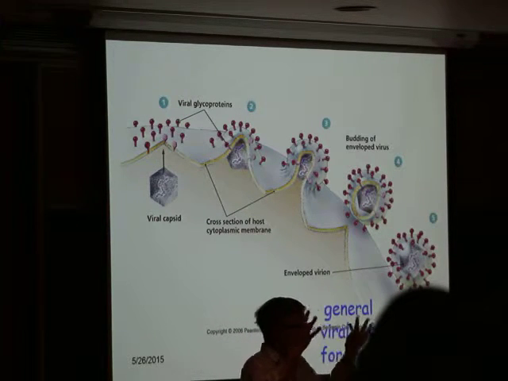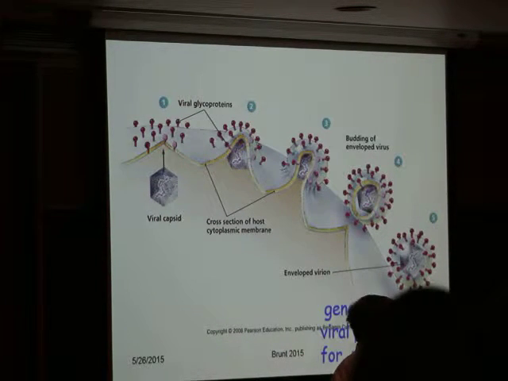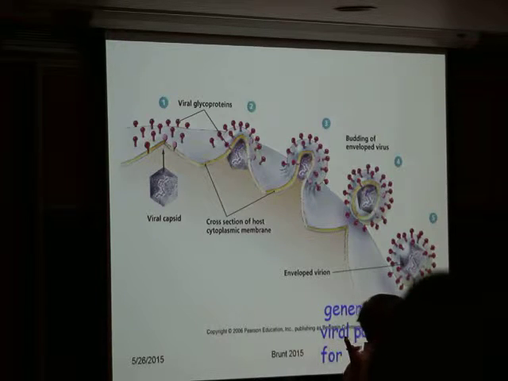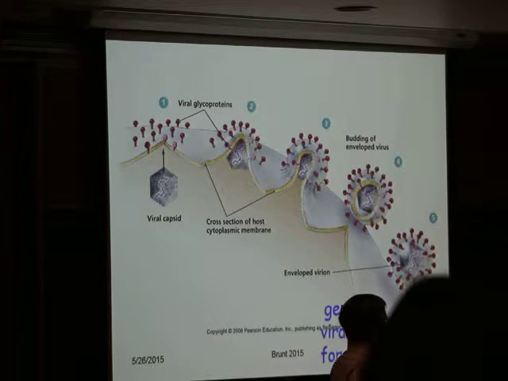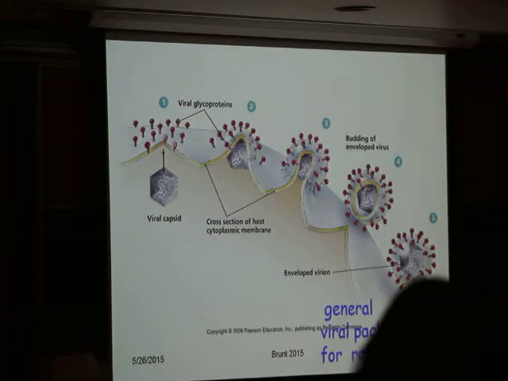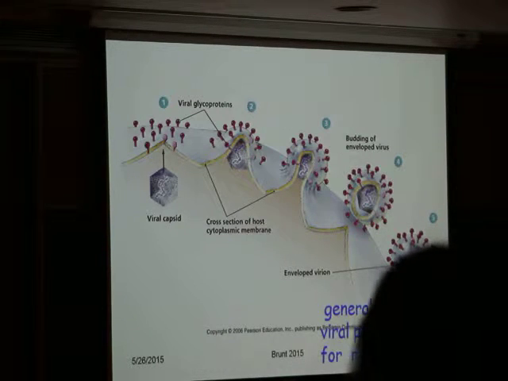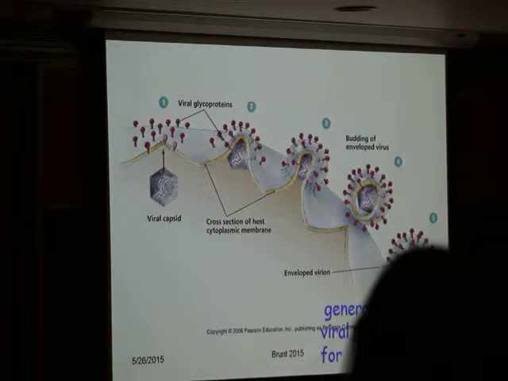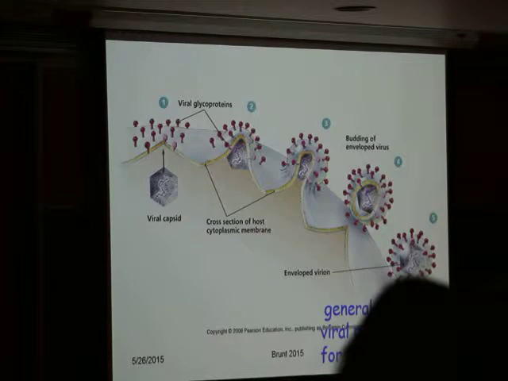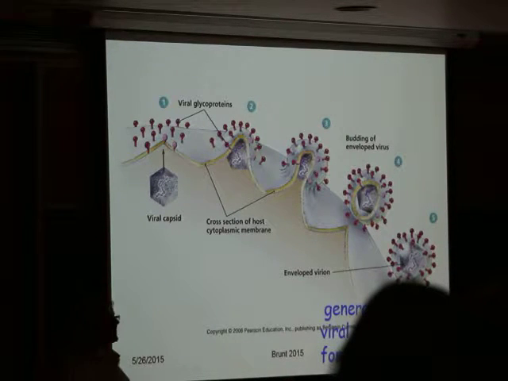Again, the envelope only contains viral proteins, so we have to exclude the host proteins that are in that region. What might happen if instead of getting a virus with only the viral proteins present, we actually end up with some host proteins embedded in the envelope of the virus?